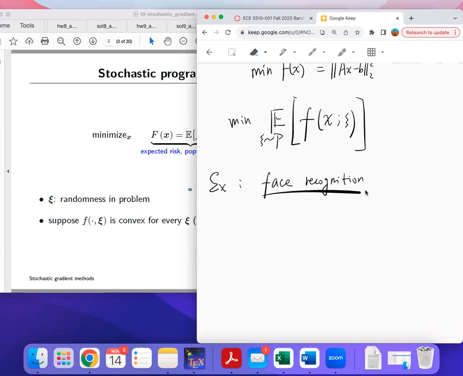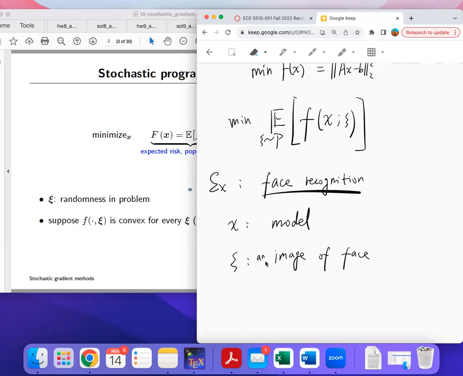So basically, X is your machine learning model. It's a recognition model. And C is the image of a face.